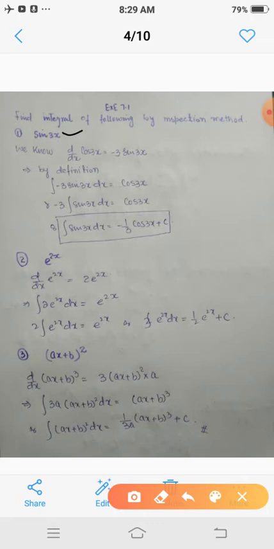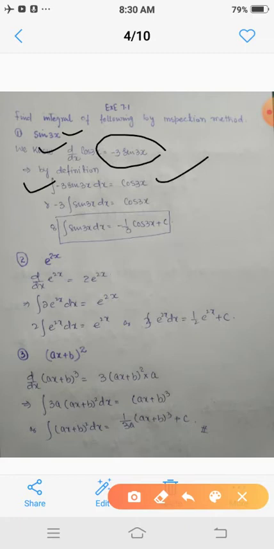If we consider the function cos 3x, then the differentiation of cos 3x, that is d by dx of cos 3x, is minus 3 sine 3x. So by definition, the indefinite integral of minus 3 sine 3x dx equals cos 3x.